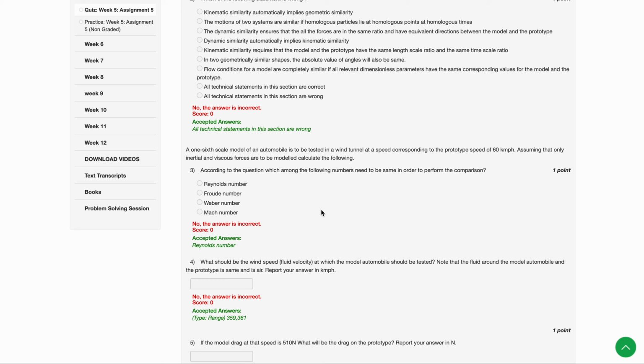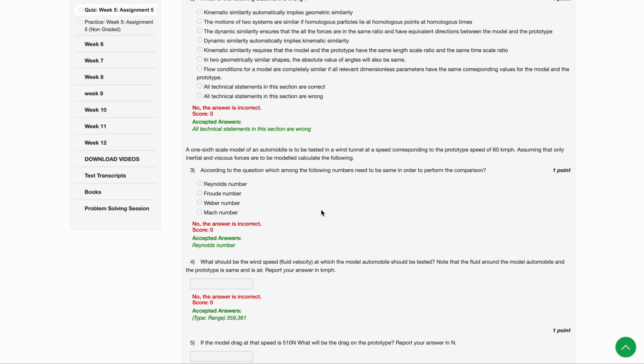So velocity is Vp, and some length scale is, let's say, Lp, and so that will do the job.